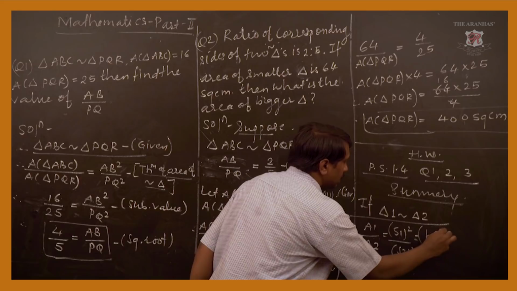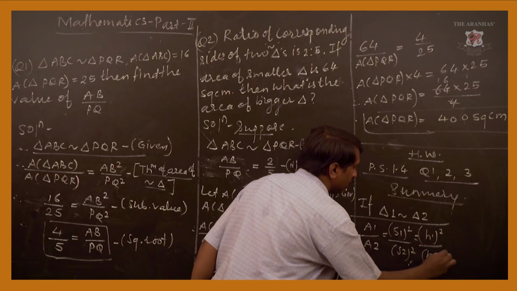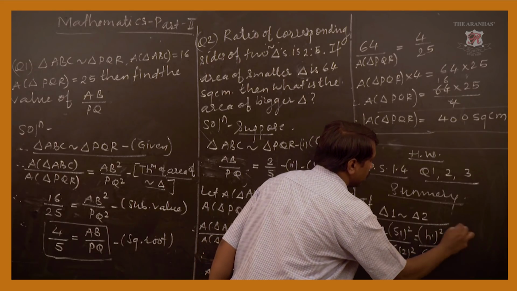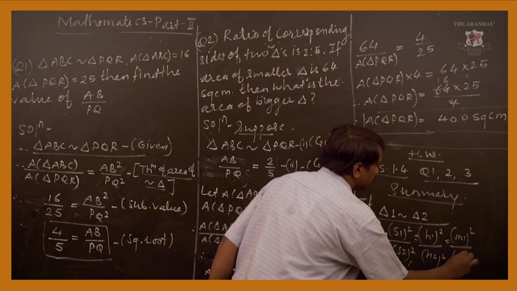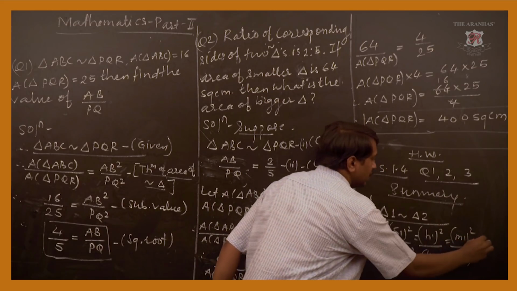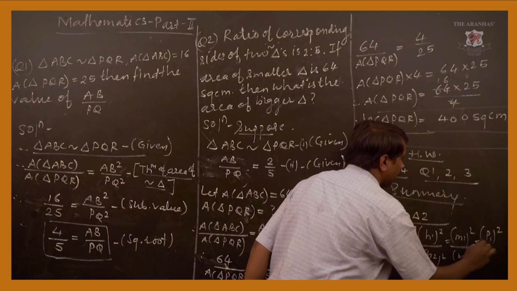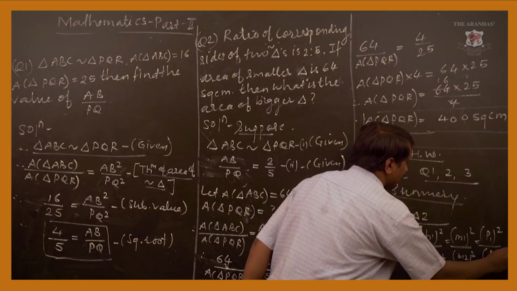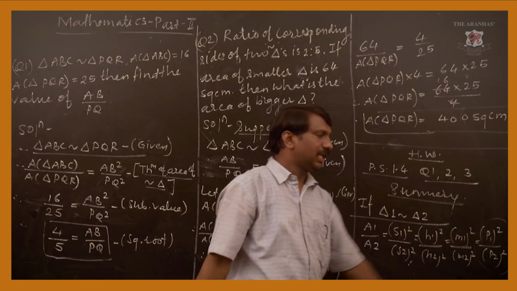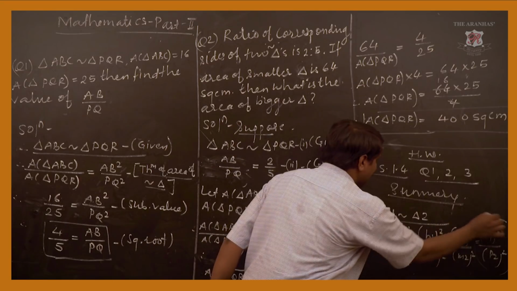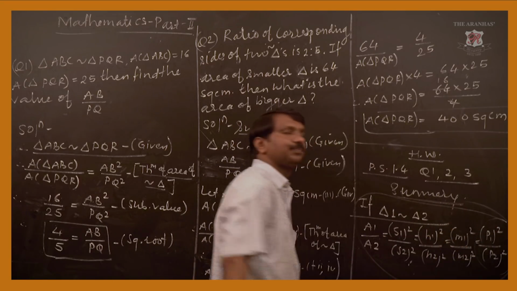Not only the side, it also equals the corresponding height square, the corresponding median square, and do not forget it also equals the corresponding perimeter square. P means the perimeter. So this was today's discussion.